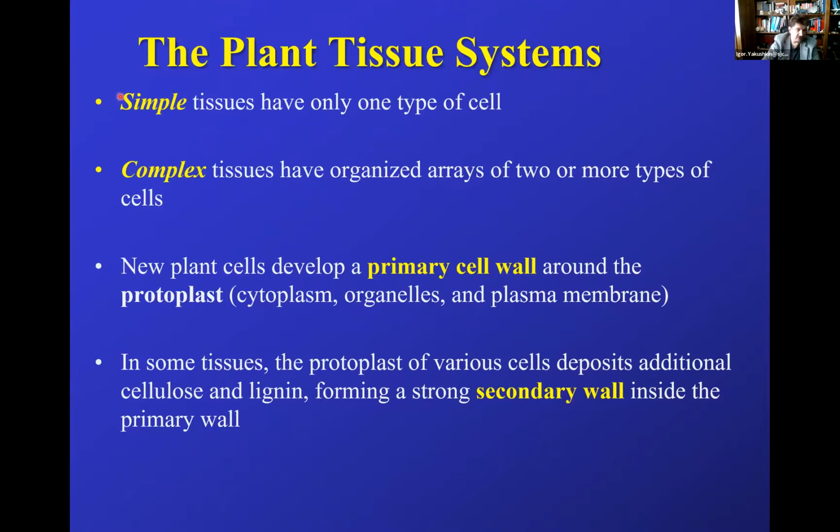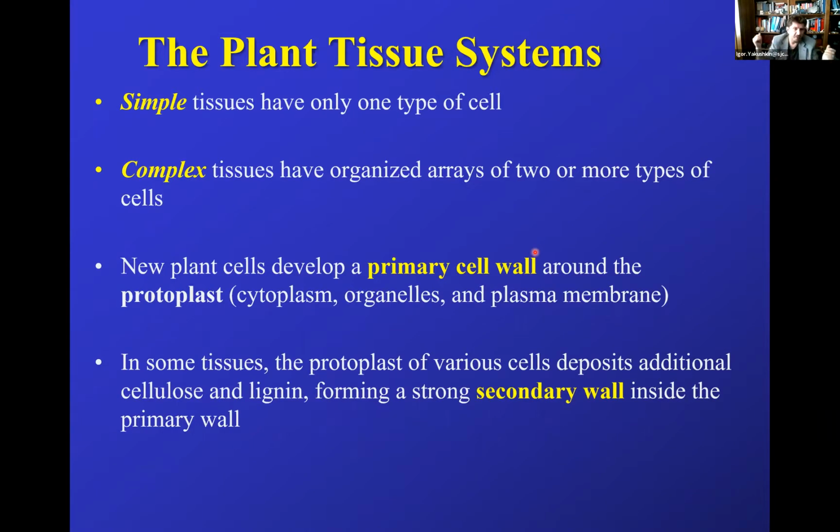As any kind of tissues, animal or plant, there is a simple tissue which will have only one type of the cells, or complex tissues which have several different types of the cells. As the regular plant cells, they will have a primary cell wall. Remember, cell wall made out of cellulose, and the primary cell wall will be penetrable by any kind of chemicals.